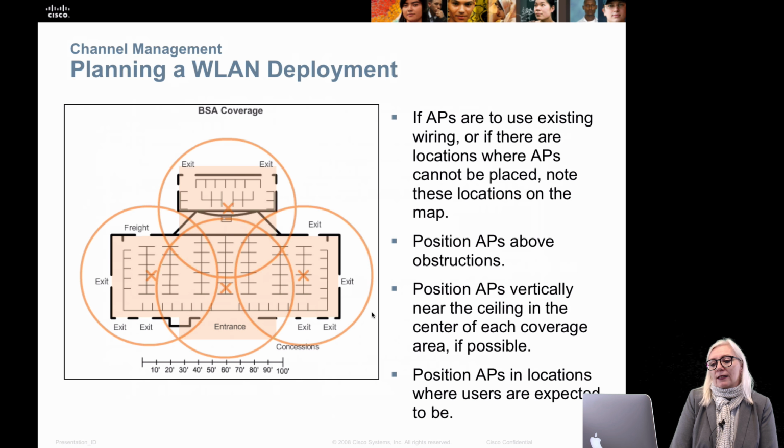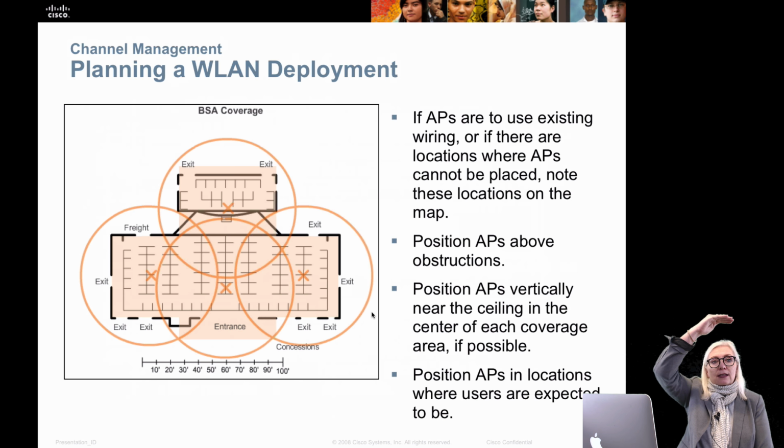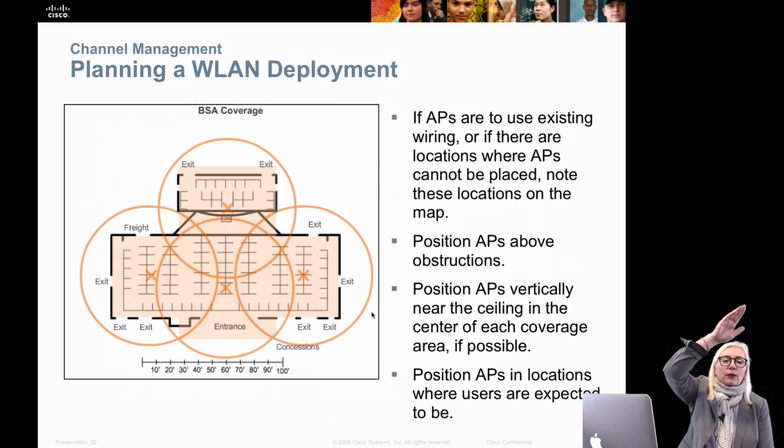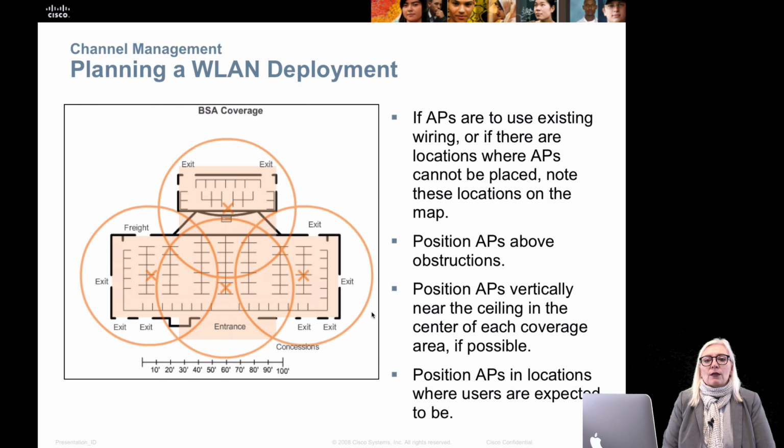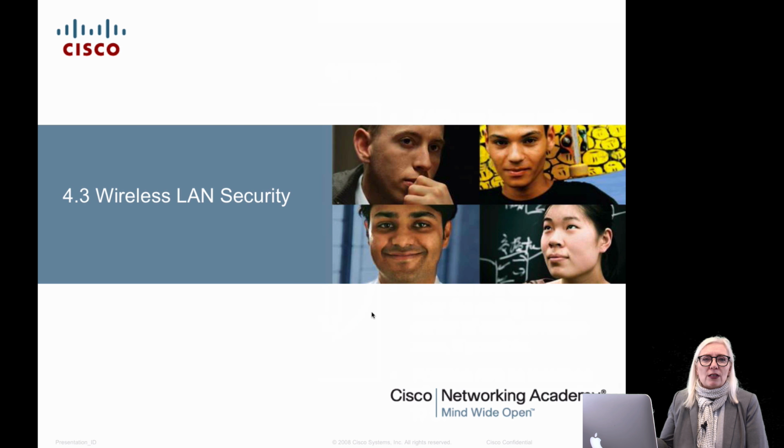Normally, it's a good idea to place them up high and vertically in the ceiling, where they will send out their information downwards with the antenna, depending on, of course, also how your antenna is. If you have a directional antenna, then you need to take that into consideration as well.